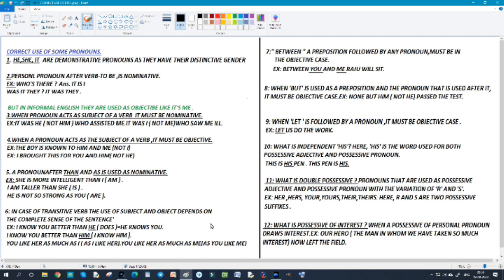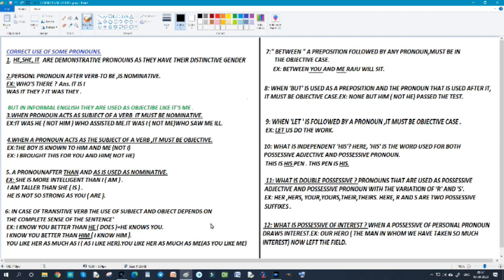Example: her, hers, your, yours, their, theirs. So here r and s are two possessive suffixes, after the very word you, after the word her, after the word their. So they should be suffixes.